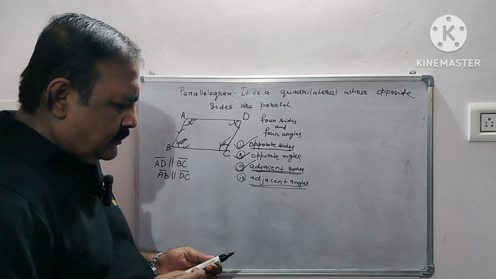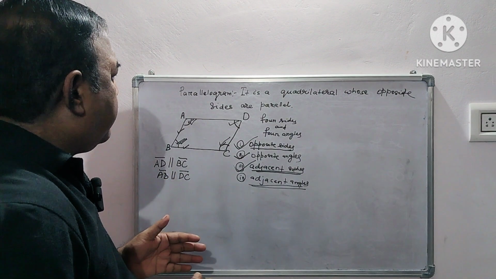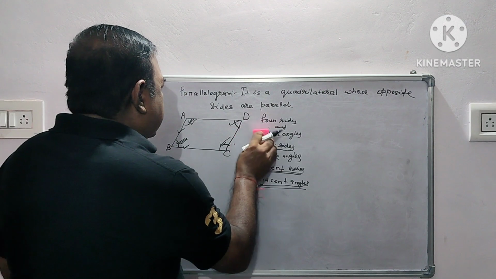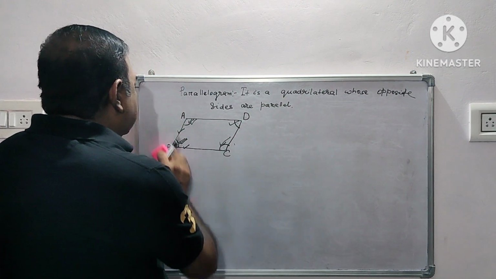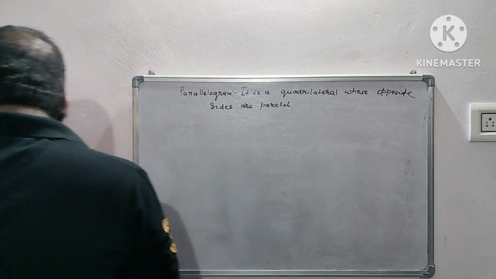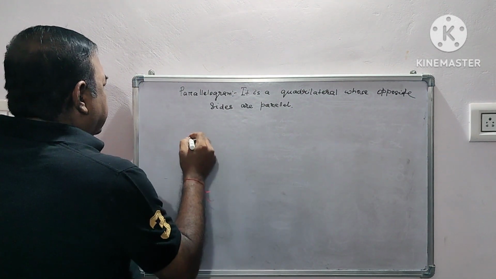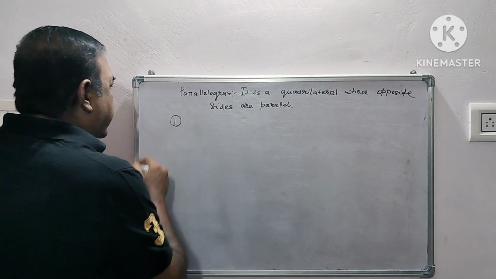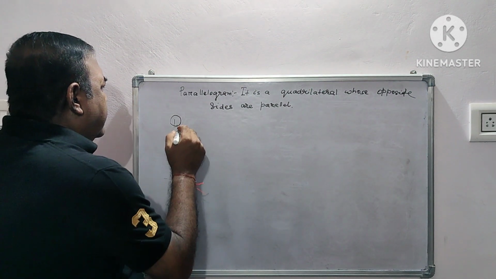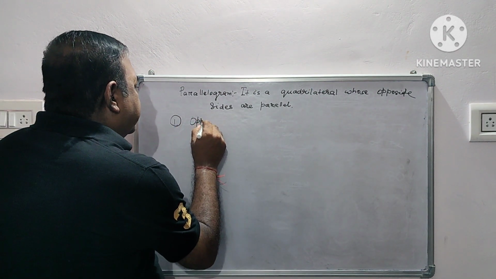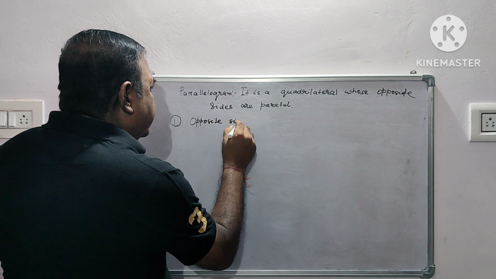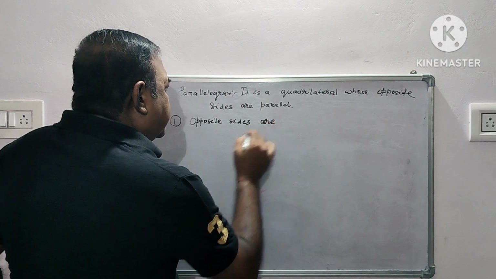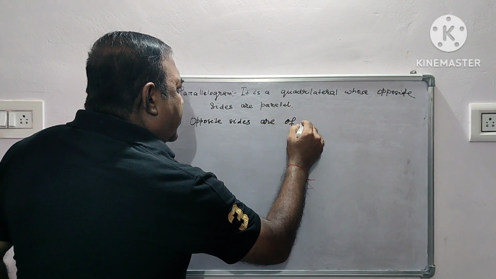Okay? So now we will know about the properties of the parallelogram. You see, number 1, opposite sides of a parallelogram are of equal length.